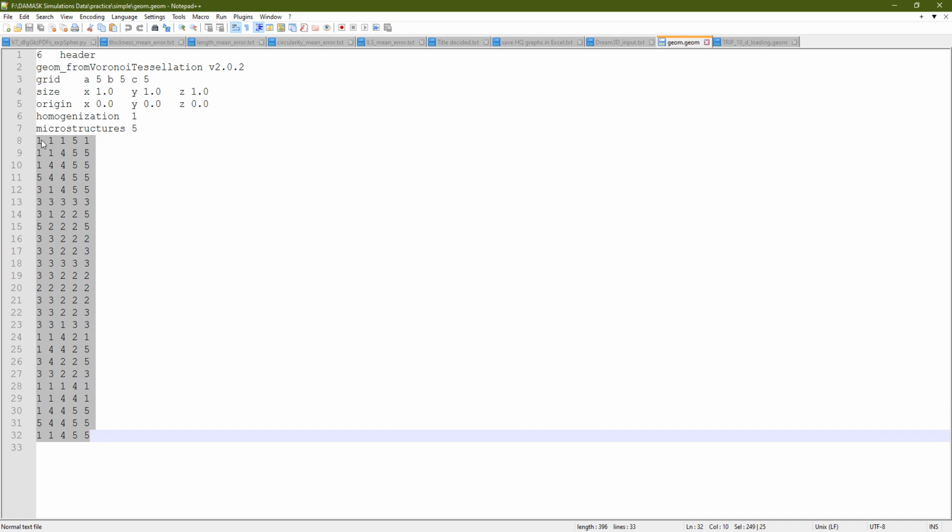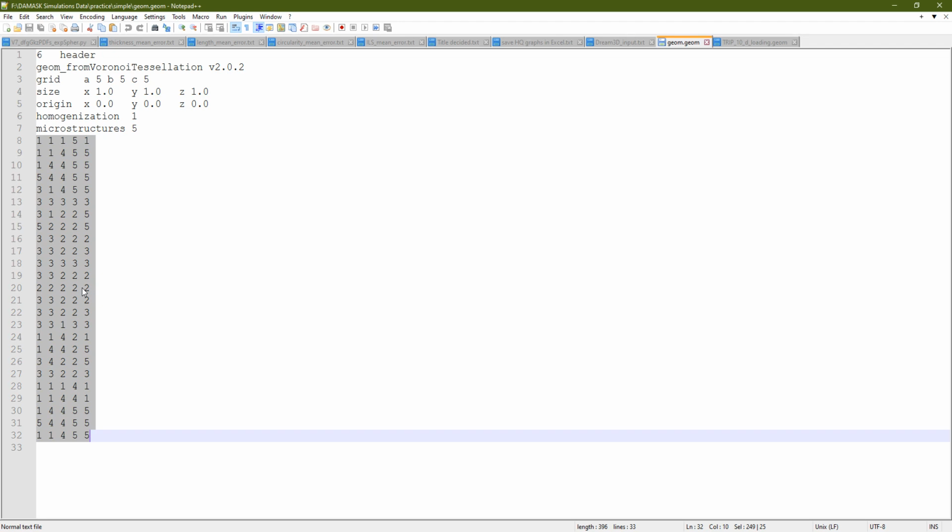Now, how many numbers do you see? 1, 2, 3, 4, 5, right? So you have 5 numbers here. So I automatically expect that in the material file we will have grain 1, grain 2, grain 3, grain 4, grain 5.